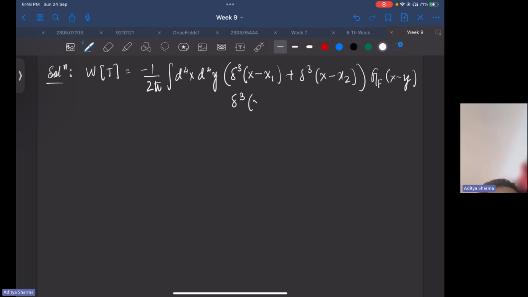And you have this y as x1 and x2. These are fixed points. That's why they are x1 and x2. This is not y1 and y2.